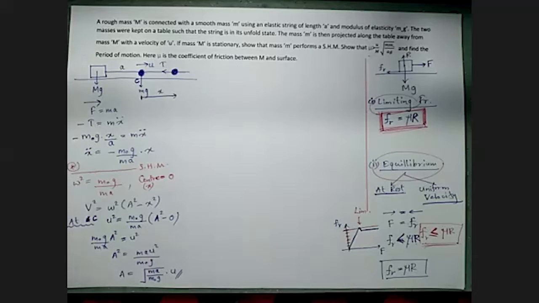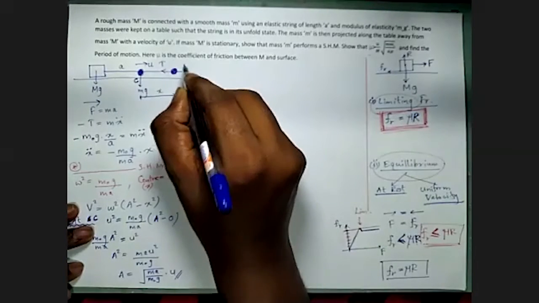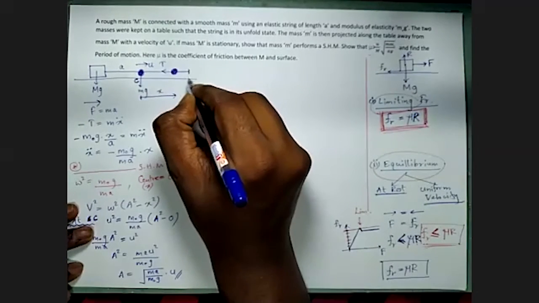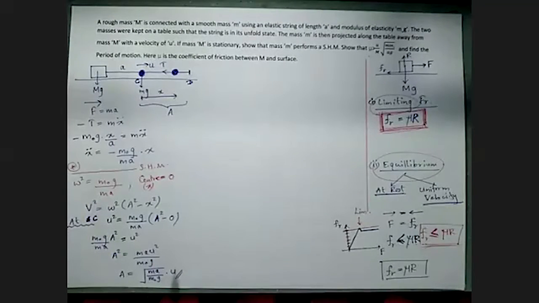That is the amplitude. So let's mark our amplitude somewhere here. This is the amplitude point. Let me mark it as T. Then what is the separation? This is the value denoted by capital A.